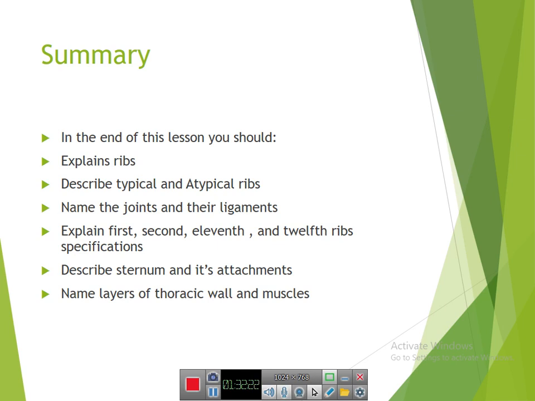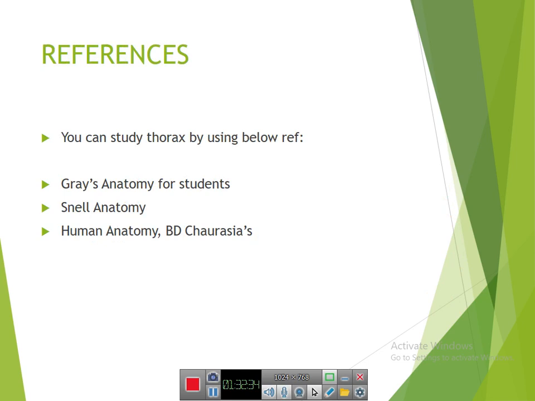And I expect you could describe the sternum and its attachments and name the layers of the thoracic wall and muscles. For more study, you can use different references. You can use Gray's Anatomy for Students, Snell Anatomy, and also Human Anatomy by Thoracia.